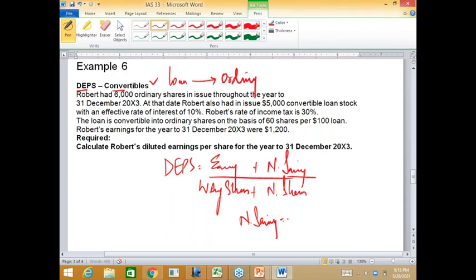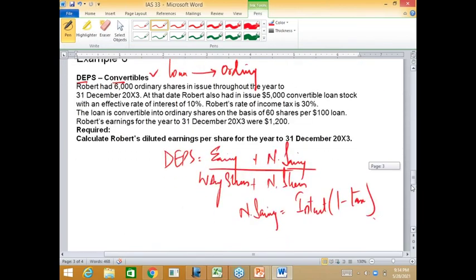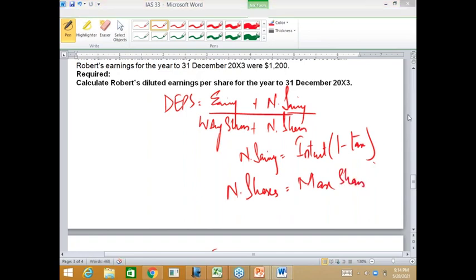And what amount will be saved? That is the interest amount. So our interest into 1 minus tax rate will be saved. With respect to notional shares, you need to take the maximum shares at the time of conversion.